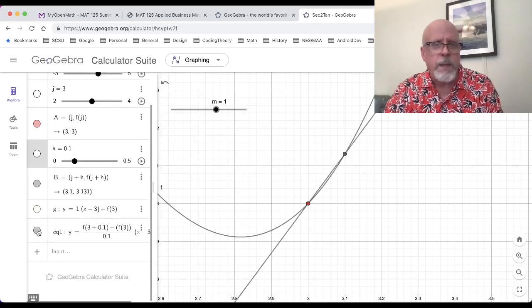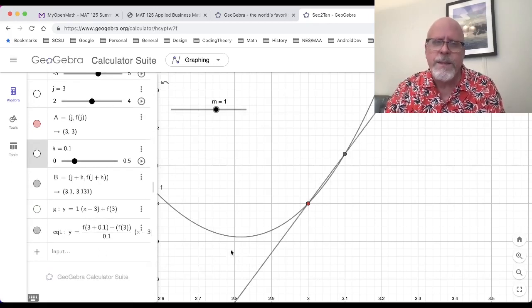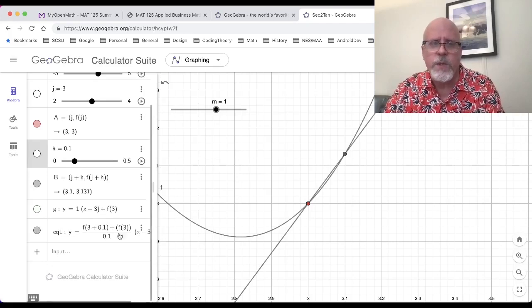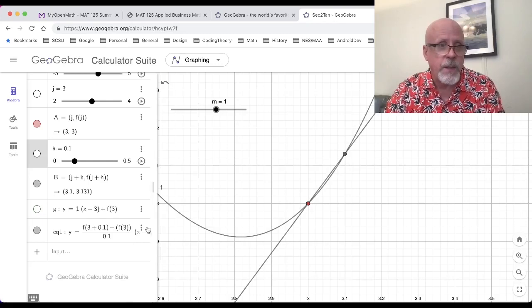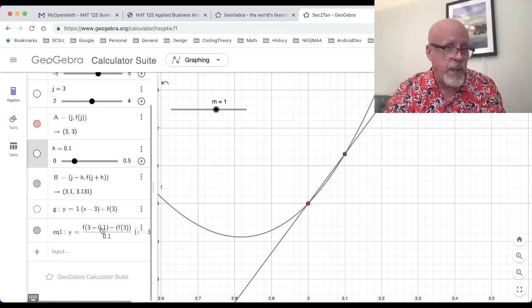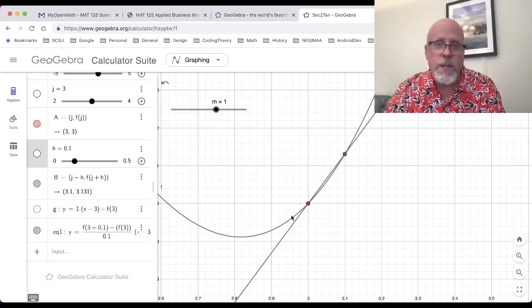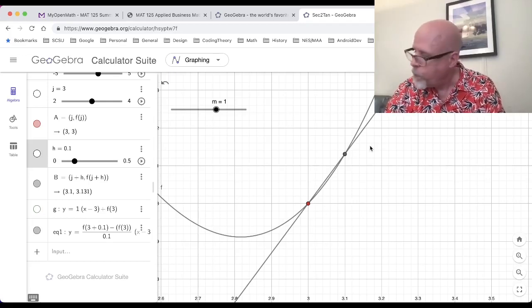Now, this guy right here, this is a little bit tough, but this is the equation of a line that goes through both points. So let's figure out why the slope of this line is what I've done in here. You see this piece of this fraction right here? That's actually f at j plus h minus f at j, divided by h. Why is that the slope of this line?